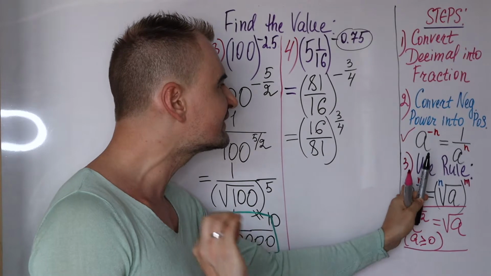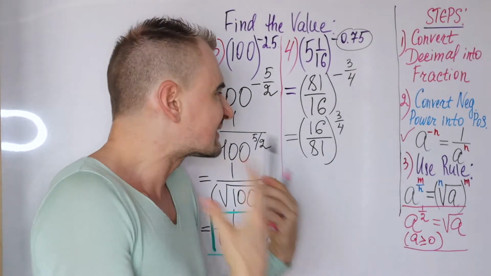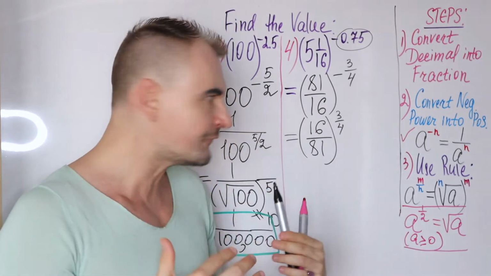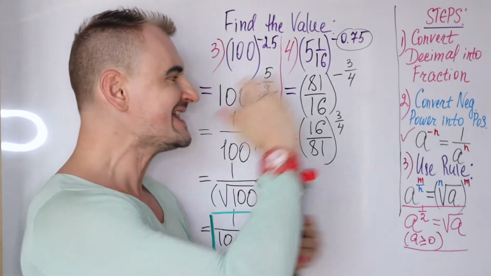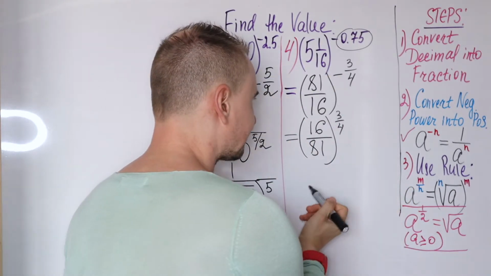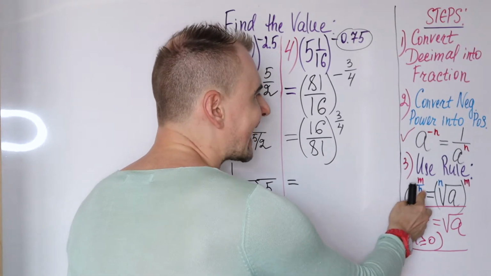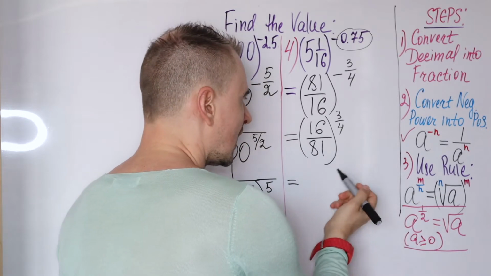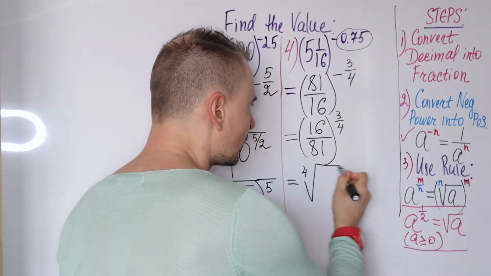We're going to use the third step. We're going to use this fractional exponent property, or fractional power property, if you will. We're going to convert this fractional power into a radical form, into a root form. So keep in mind that your bottom number, which is 4, becomes the index for your root.